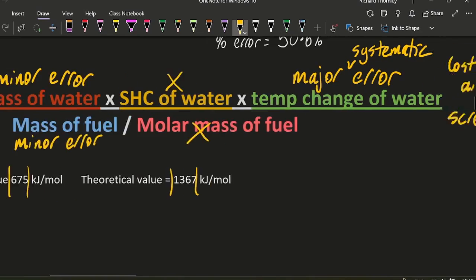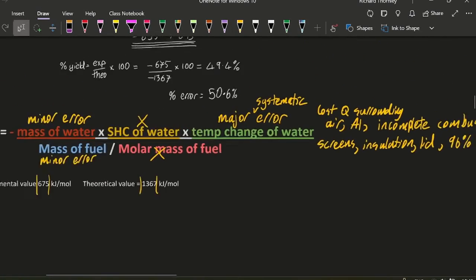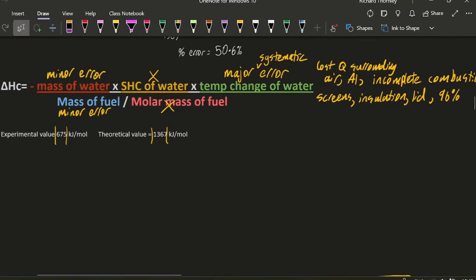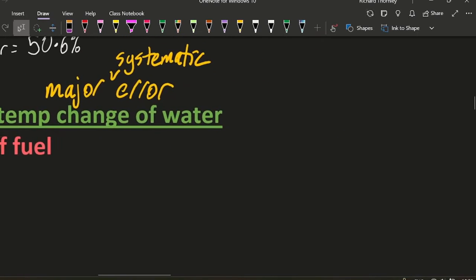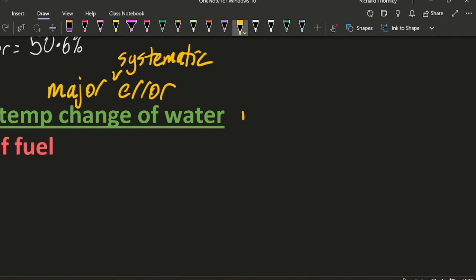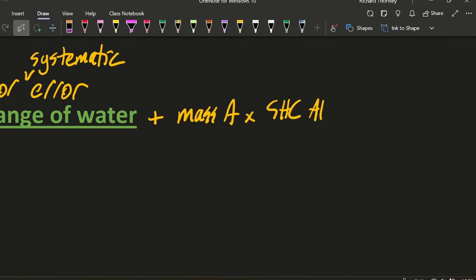It's a constant. What they have asked in the past is about the aluminium here. They asked, work out the energy that went into the aluminium. So it's just the mass of the aluminium multiplied by the specific heat capacity of the aluminium. I hate using C for specific heat capacity.